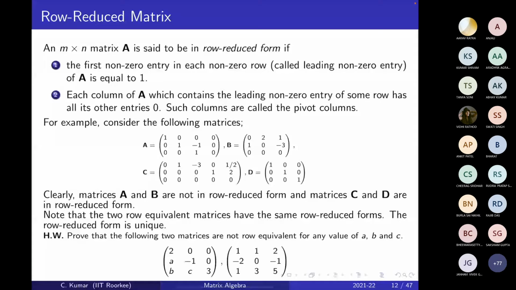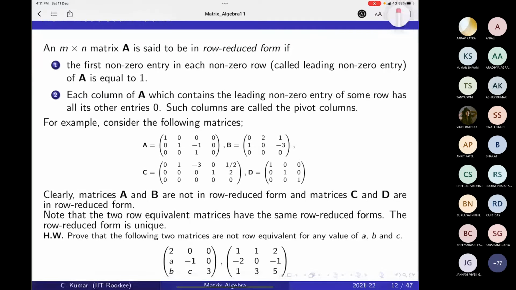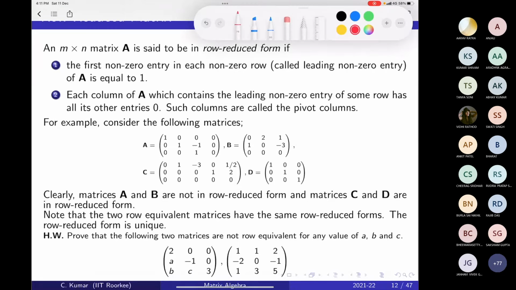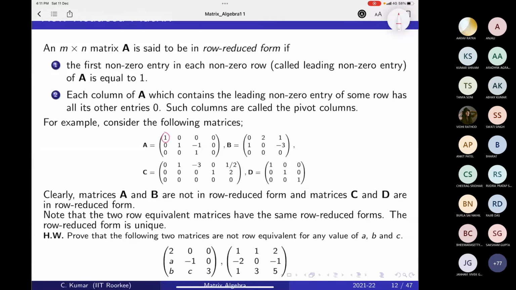So it is clear from the second point. You cannot have one here. Yes, sir, but it will not be satisfied. For example, if this is my first element, I start from row 1, and row 1 has the first element as non-zero element 1, then all the elements below in this column should be 0.